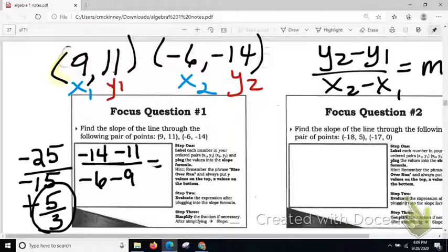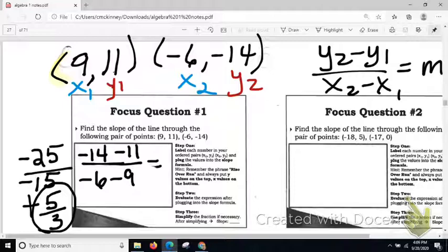Now, could I take the 9 first? Well, I could take the 9 first, but if I'm taking the 9 first, I needed to have taken his partner, the 11, first in the top. Because there's nothing really magical about which one you're calling the first point or the second point.